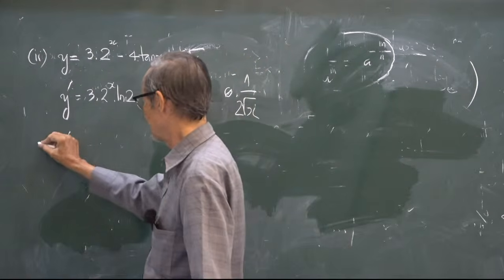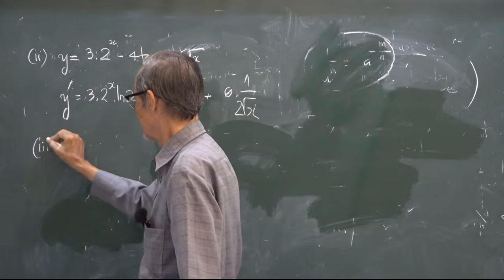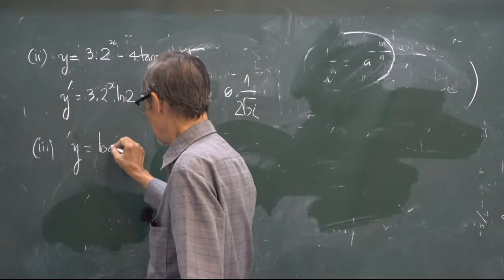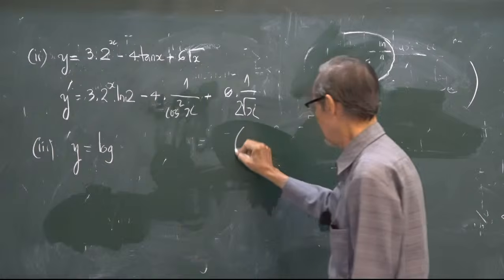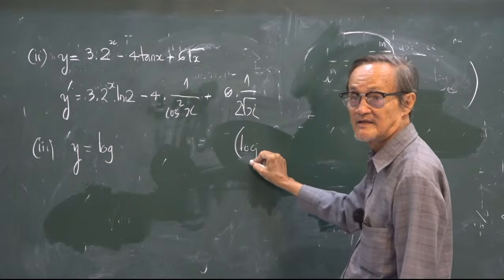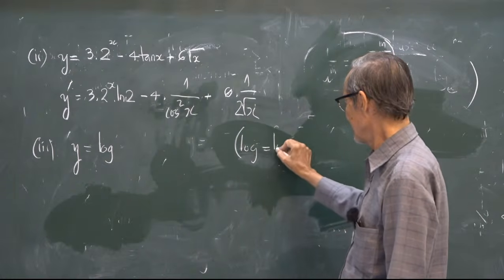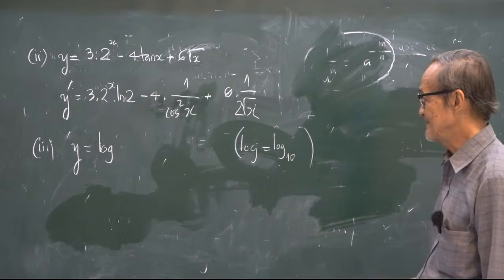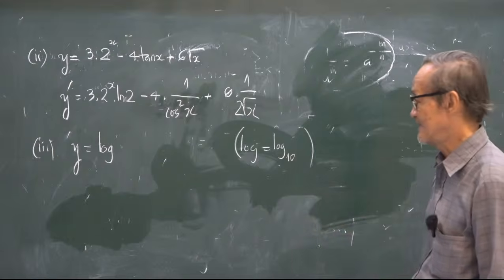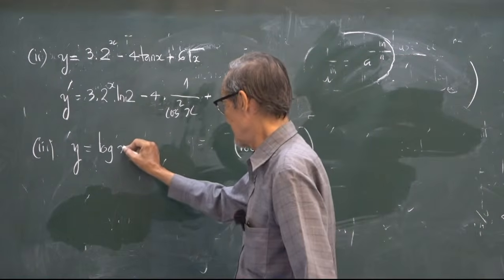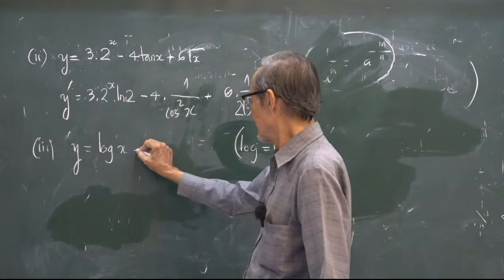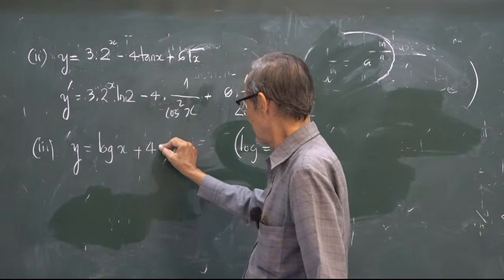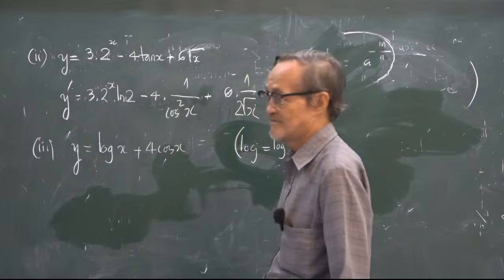Number 3, y equals log, which means log to the base 10, of x plus 4 cos x.